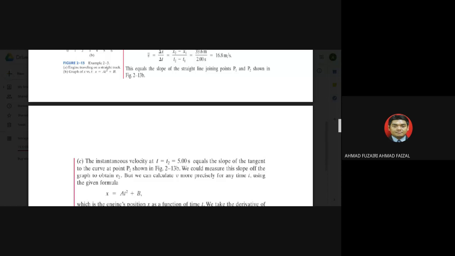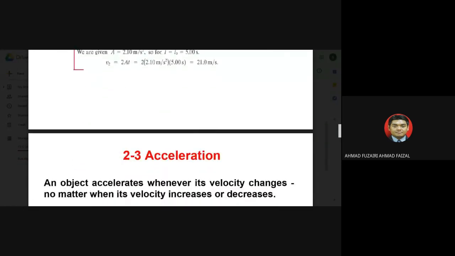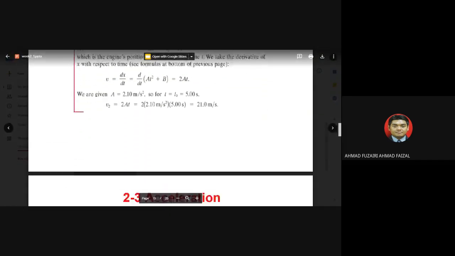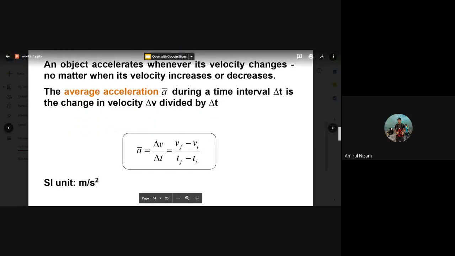Right now, kita ajar you macam mana nak tengok kepada graph. Okay, maksudnya daripada graph tu, you can tell banyak maklumat yang berada dalam graph. Ada soalan? No, sir.